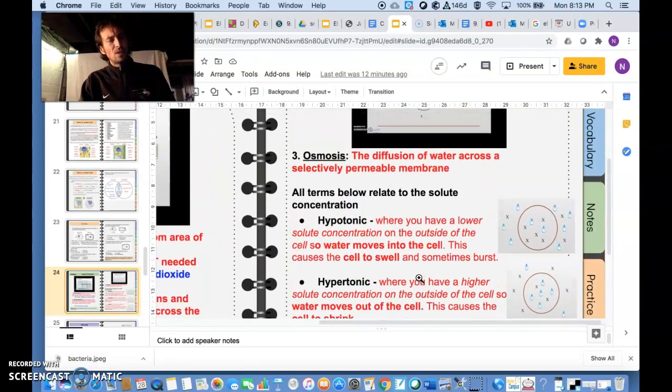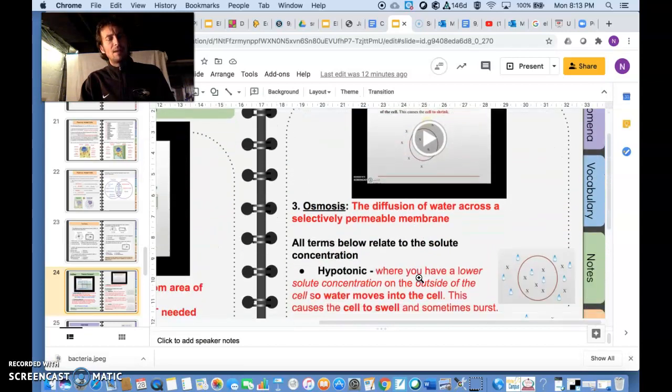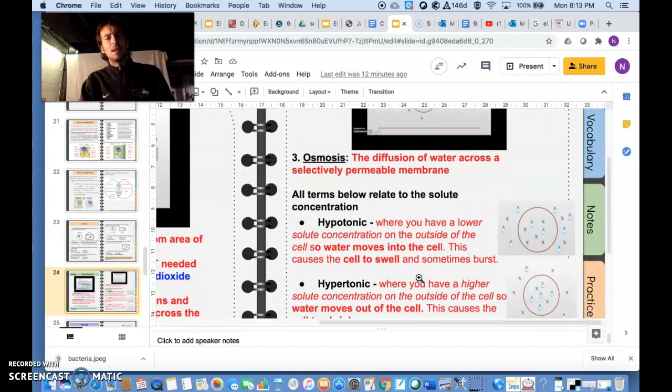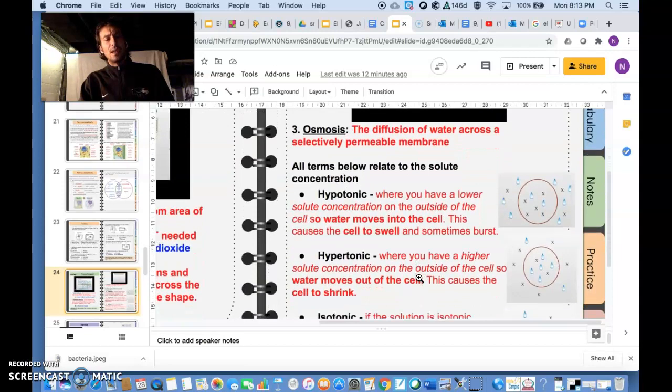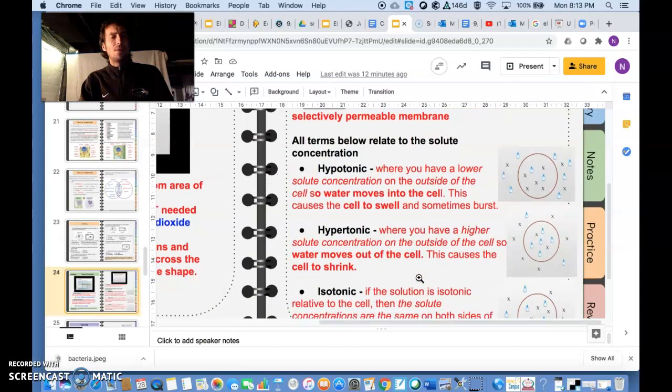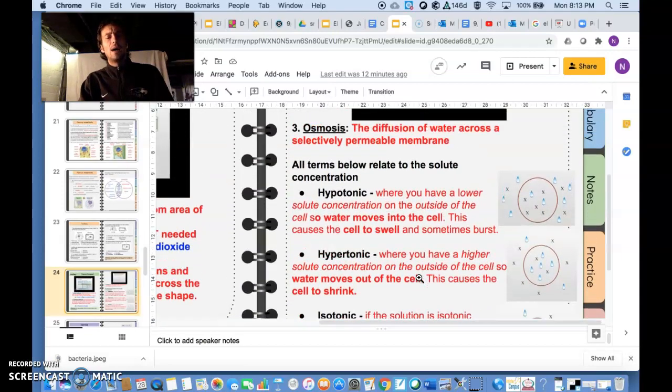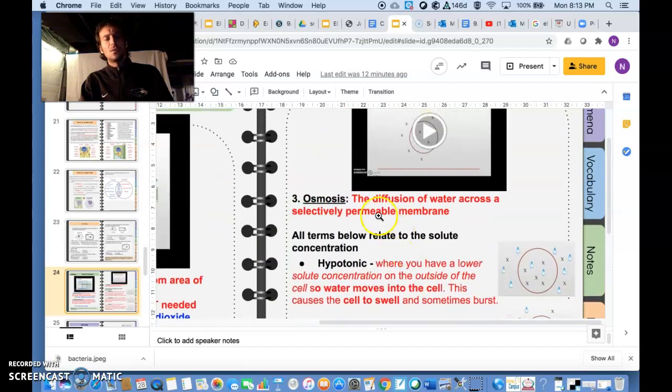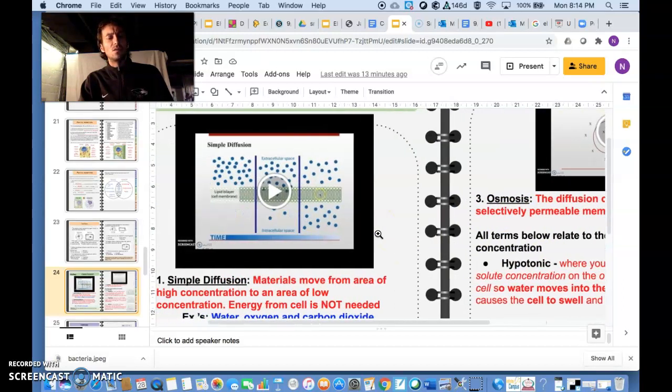So we'll spend some more time reviewing these topics, but some terms that are related to how to think about how water moves across a membrane. Diffusion of water is just given the term osmosis, right? So don't get confused.